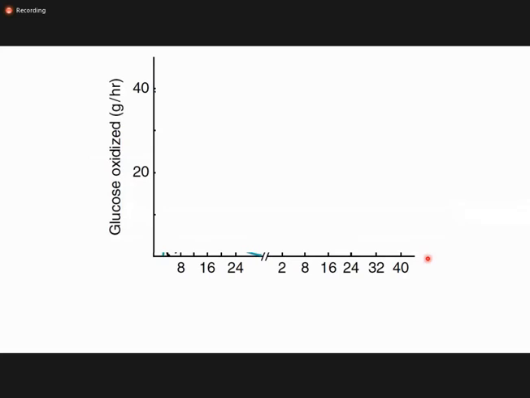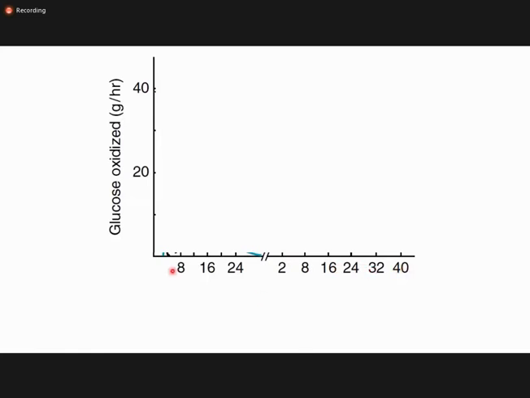We are going to plot a graph between the glucose which is being oxidized on the y-axis, and the timing in hours: 8 hours, 16 hours, 20 hours, 24 hours, and approximately after 1 day we have 2 days, 8 days, 16 days. Those are the starvation stages.